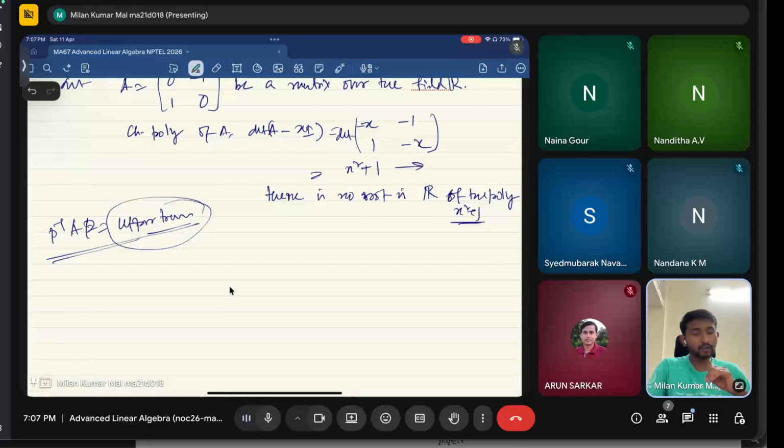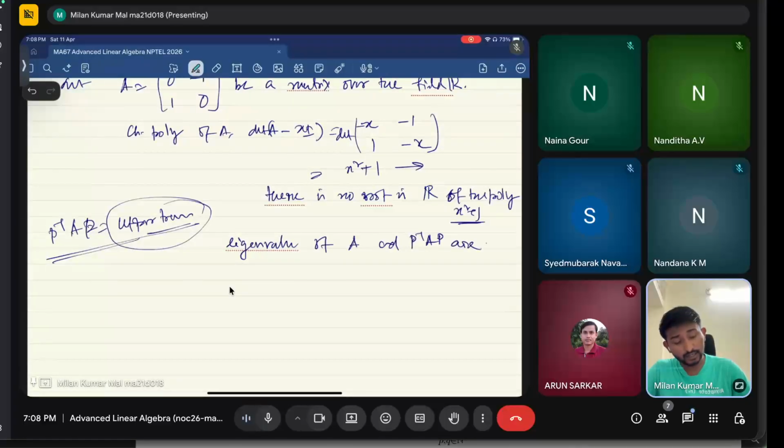But if it is upper triangular over the real field, then the main diagonal entries have to be real. Once the main diagonal entries are real, they are supposed to be the eigenvalues of the matrix A, because the eigenvalues of A and P inverse AP are the same, whatever invertible matrix you choose.